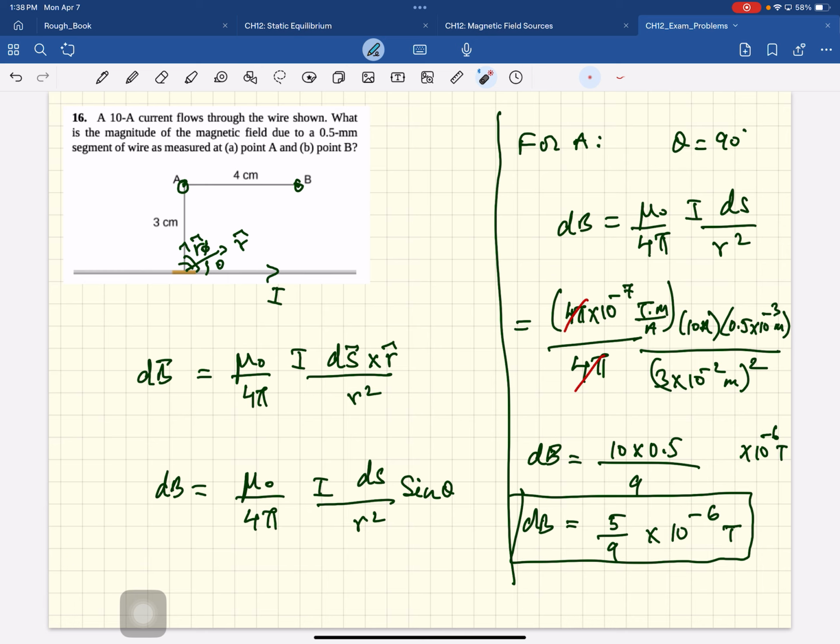Now, for the magnitude, we'll have to use sine theta. Sine theta is this distance divided by the hypotenuse. And what is the hypotenuse for this triangle? For a 3-4 triangle, it's 5. So sine theta is 3/5.